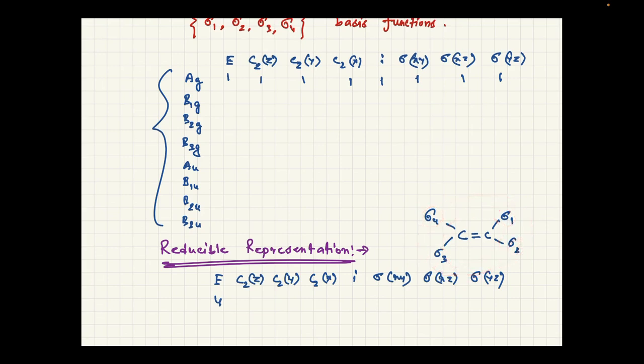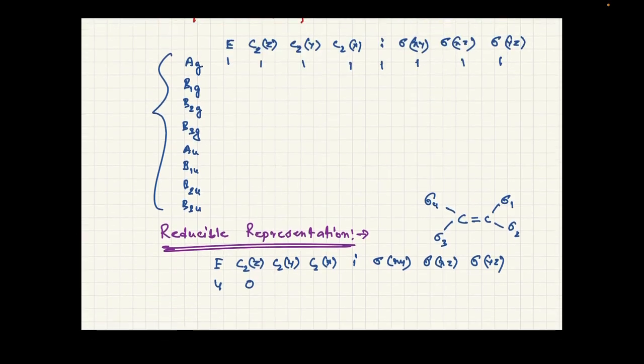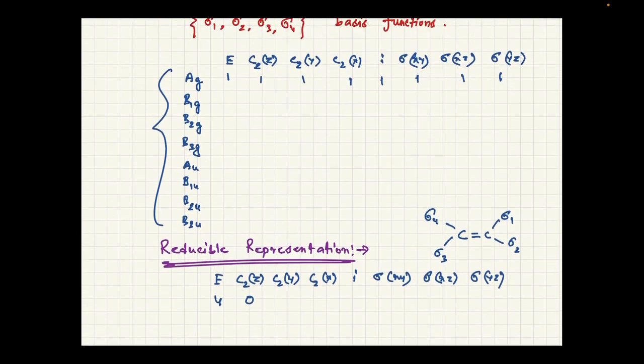So all 4 sigma bonds alter their position under the C2Z operation. That means the contribution of all 4 sigma to the diagonal will be 0 0 0 0. That means the total character will be 0, like this. So it will be 0 0 0.